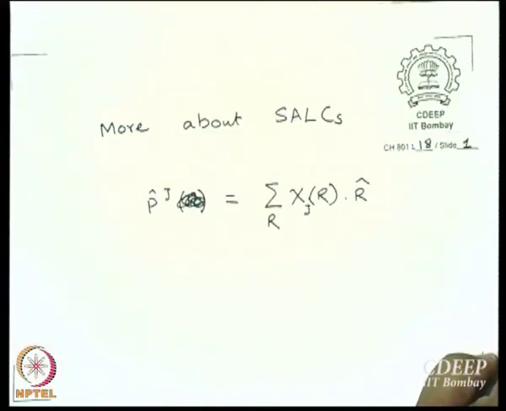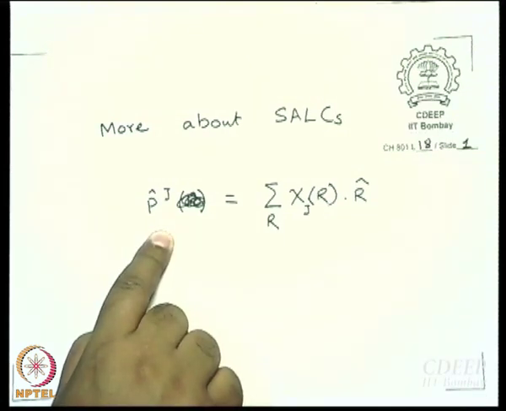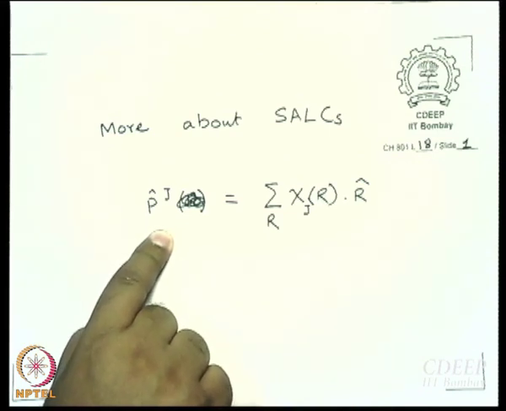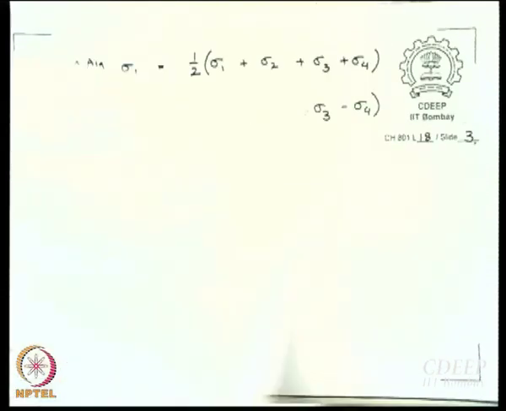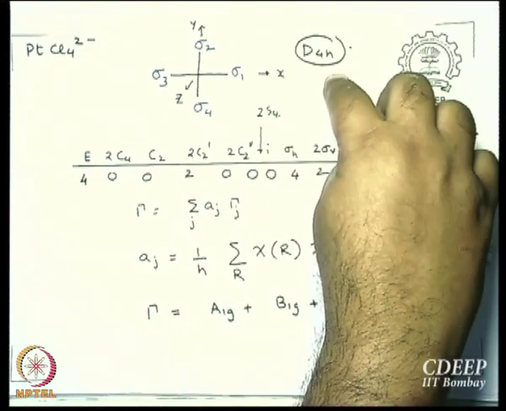So this is what we are discussing today, more about SLCs. I hope you have not forgotten what the projection operators are, right? Basically today we will ensure that we get bored of projection operators. We will operate the projection operators so many times, okay? The system that we are working on is PtCl4 2 minus, which is of D4H point group.